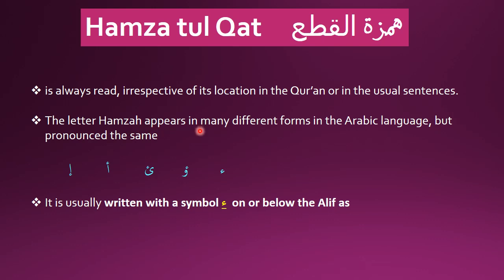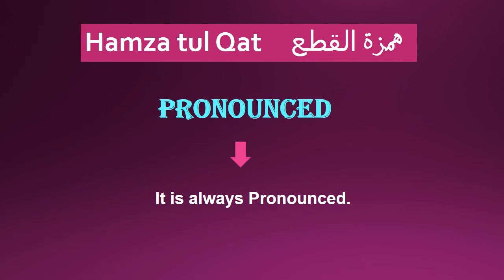The letter Hamzah appears in many different forms in the Arabic language but is pronounced the same. These are all examples of Hamzatul Qat as it comes in the Qur'an. It is usually written with the symbol Hamzah on or below the alif. Hamzatul Qat is always pronounced.